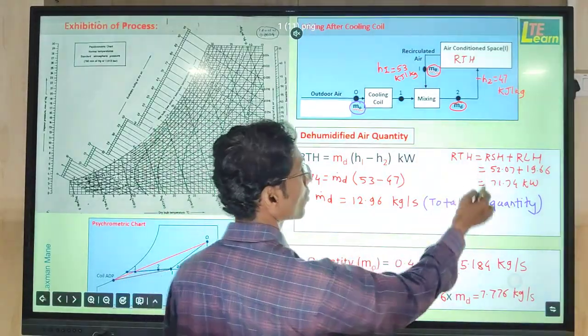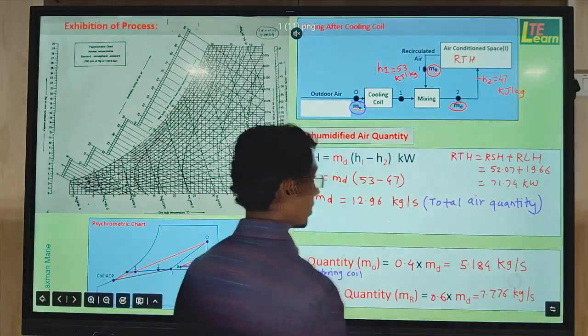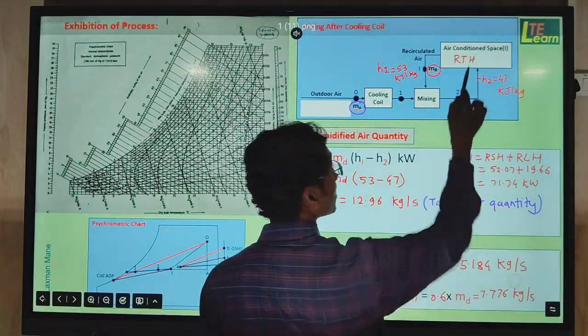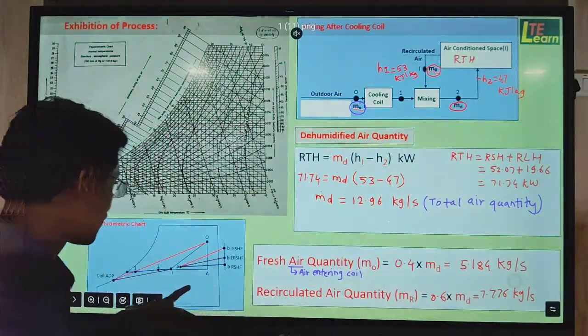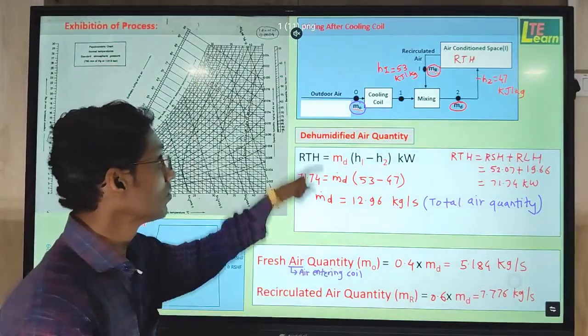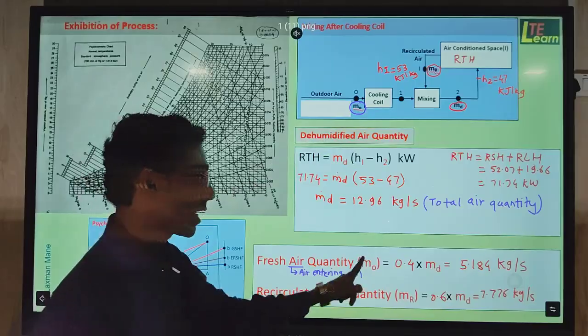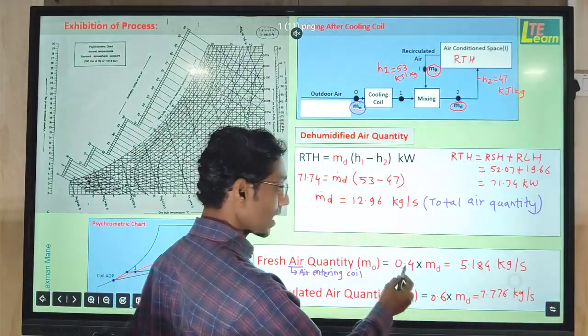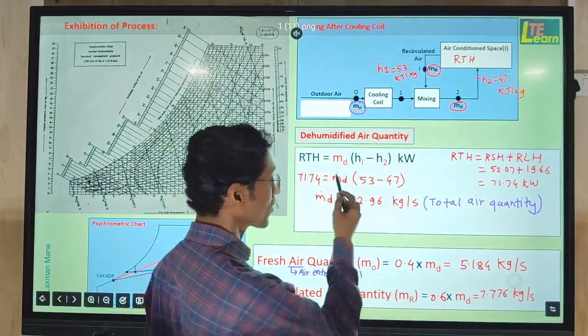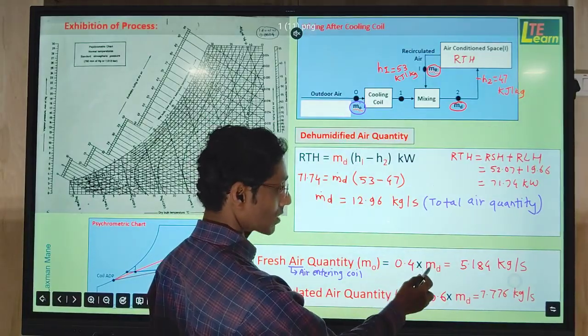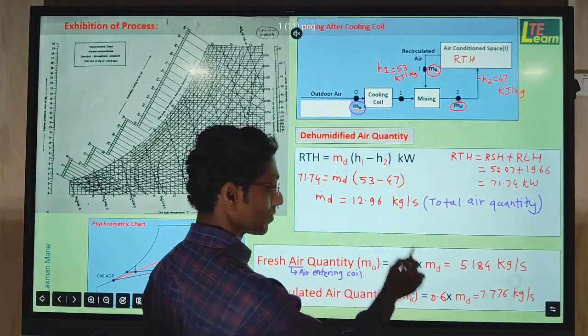This is the total air quantity passing to the hall. Now this total air is split into two parts. Fresh air quantity is outside, m dot o. To calculate that, we multiply the percentage of fresh air with the dehumidified air quantity.